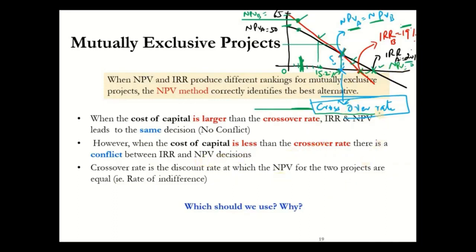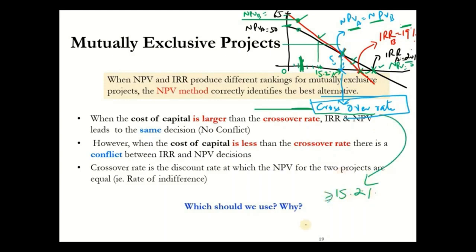So the crossover rate is the rate at which NPV of both mutually exclusive projects is equal. Now, for instance, you have got the crossover rate, let's assume it is 15.2%, and you have got the IRRs.